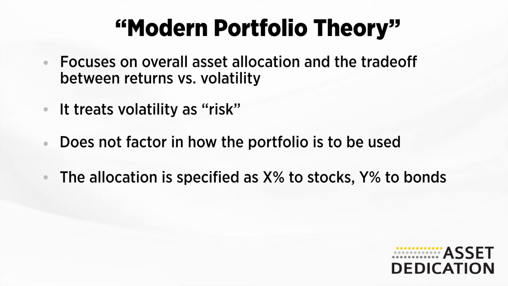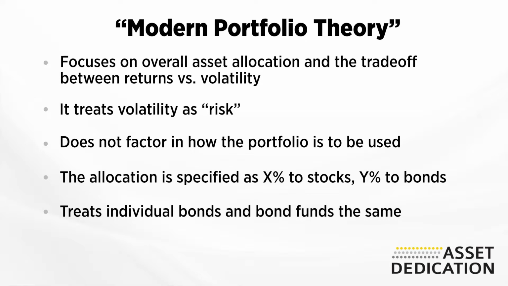It generally comes up with an overall allocation scheme, which is specified as X% in stocks and Y% in bonds, like 60% in stocks and 40% in bonds, just as a quick example. It treats both bonds and bond funds as if they were essentially the same, which isn't true. Still, this is part of the very fundamentals of the modern portfolio theory.